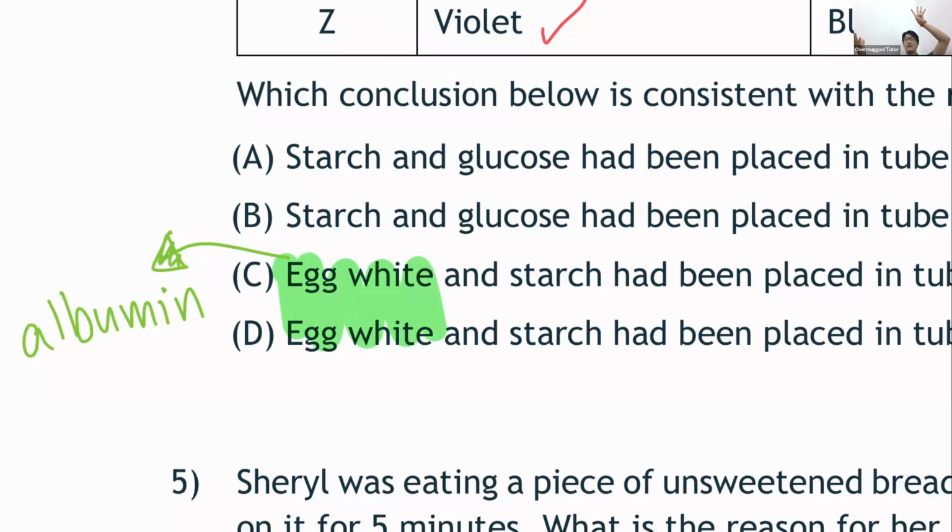Galactose, maltose, fructose, lactose. Right? We need to remember we have 3 monosaccharides and 3 disaccharides in our syllabus. So from these 6, just remember sucrose is not a reducing sugar.